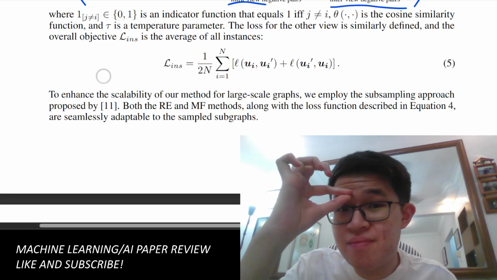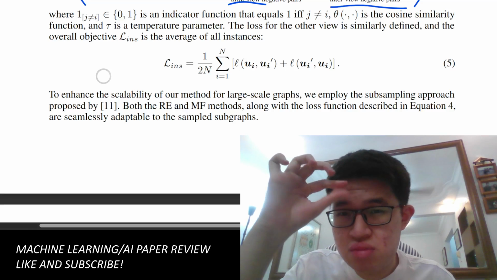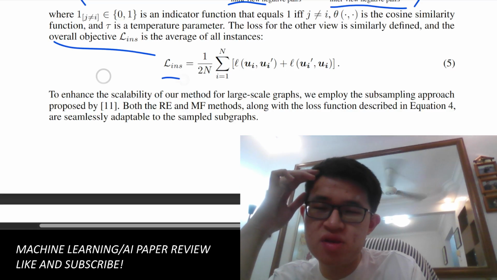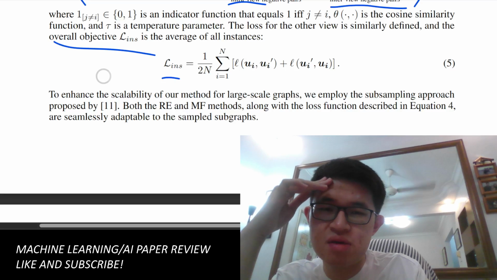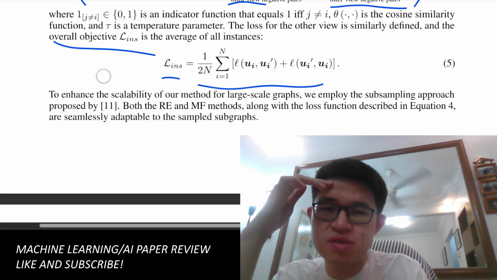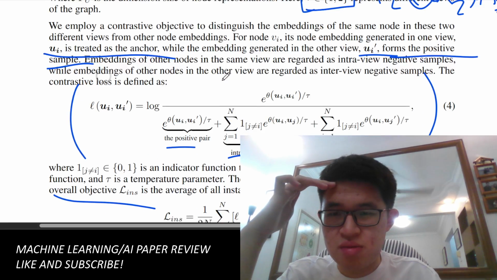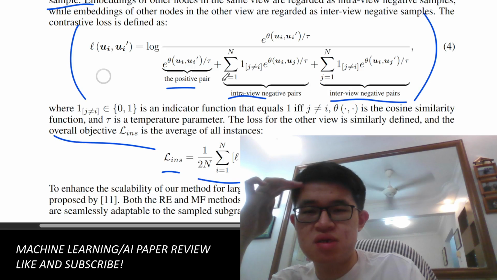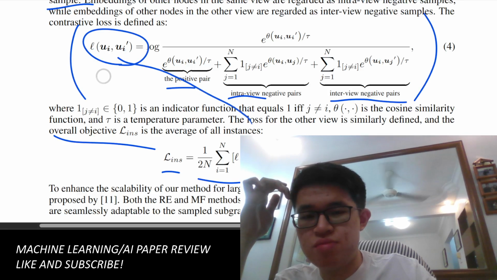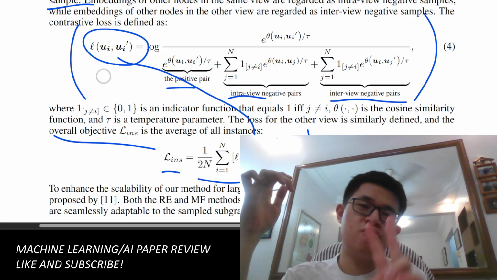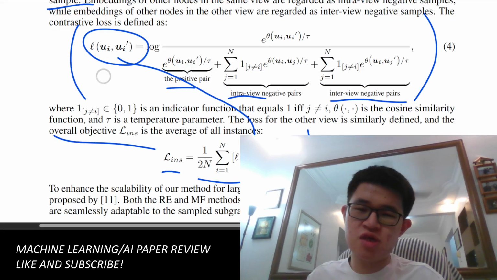So the overall objective function is L_INS equals some terms, and obviously this one belongs here, and there's another version right here where it's swapped in position.